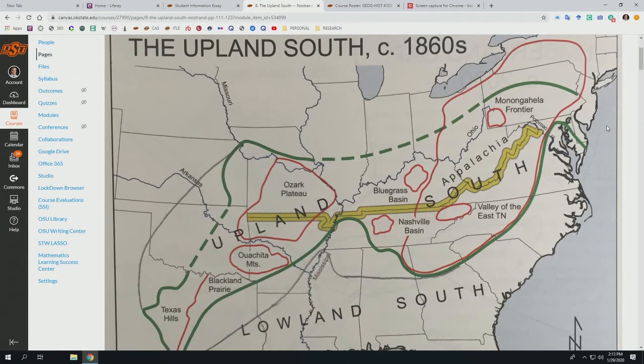So there's really sort of a three-tiered society, and historians teach us that the upper classes were revered by the lower class whites who aspired to become like them, and there was really just one key to do that, because land was so cheap, almost free, it was through slavery.